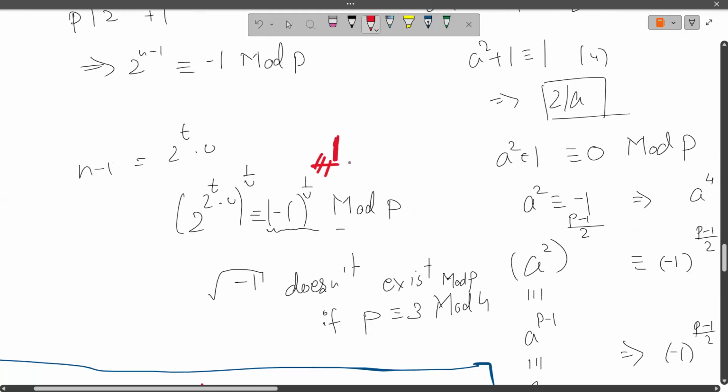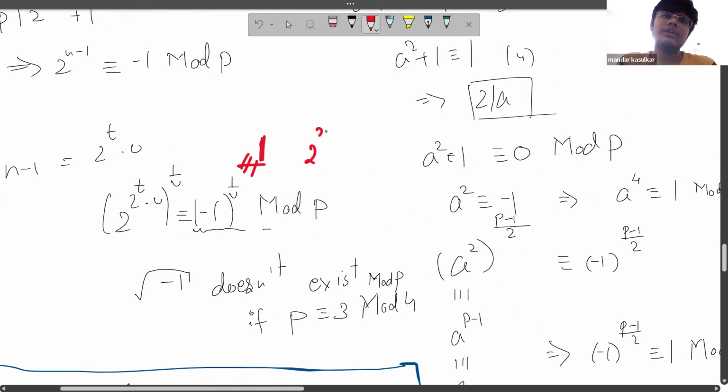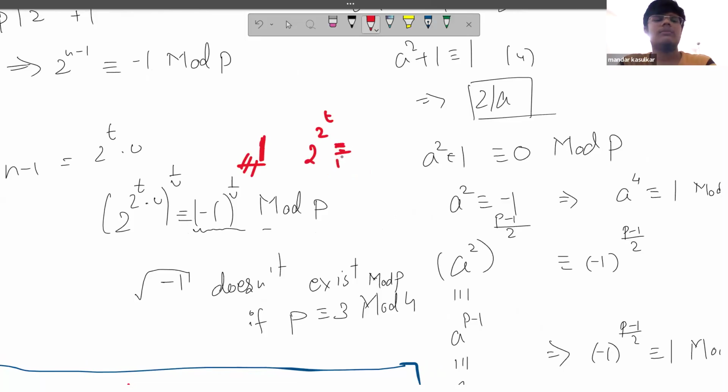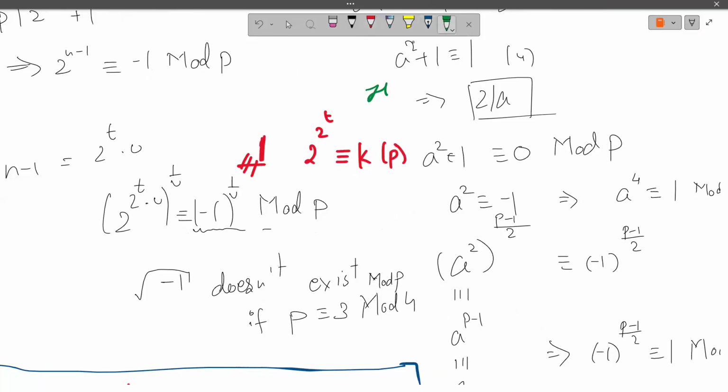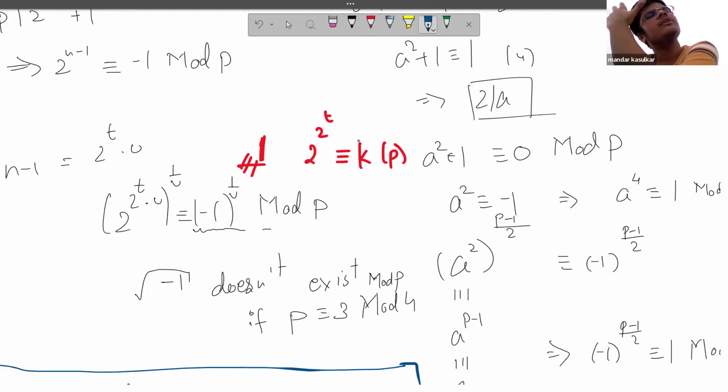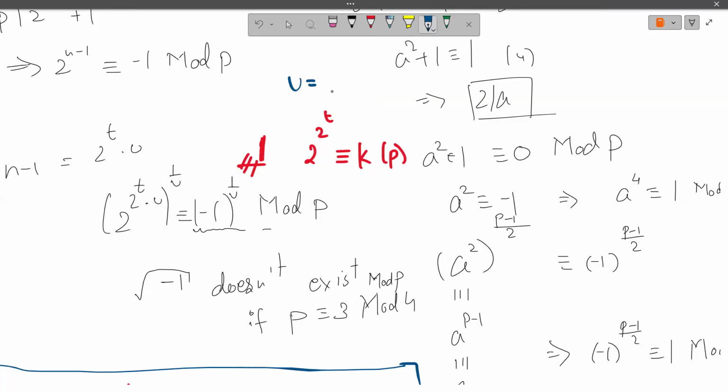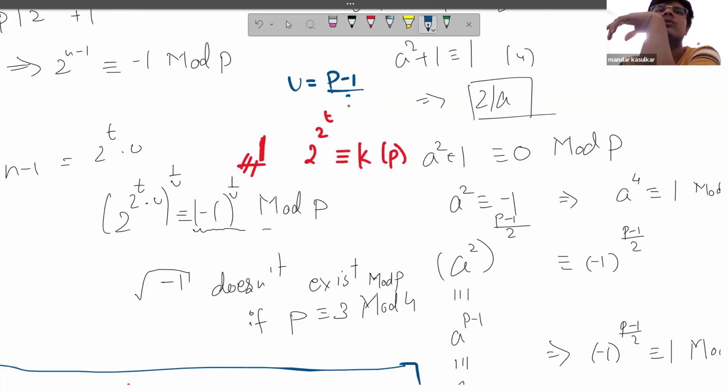Suppose that 2 raised to the power 2 raised to the power t is congruent to k modulo p. But how will it be k? It has to be -1 or 1, right? Suppose that your u is equal to p minus 1 over 2.